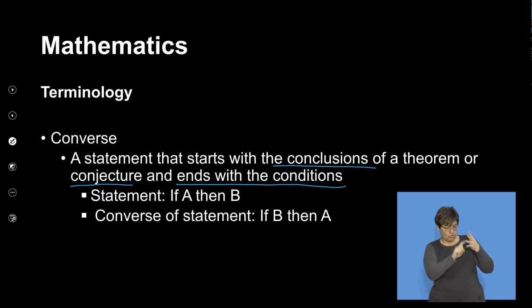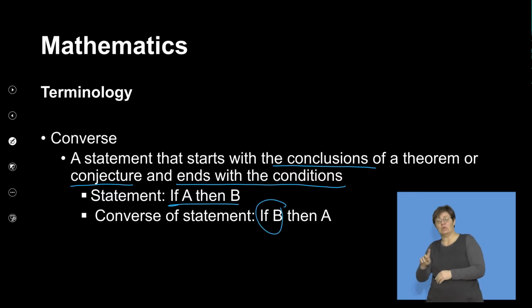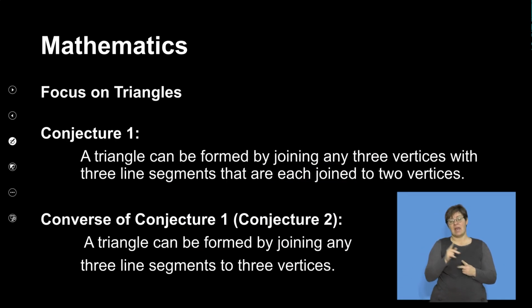If this line is equal to that line, these are the conditions that would have led to me saying that. That's what we are saying when we say this is a converse. A statement will be if A, then B is true. The converse of the statement will then be if B is true, then definitely A will be true because B was a result of A. So that's what we are talking about in terms of a converse and a conjecture.